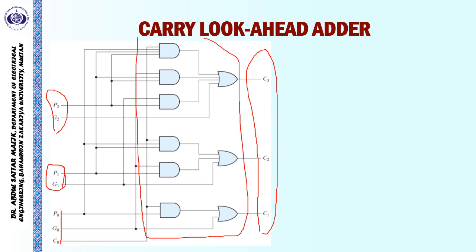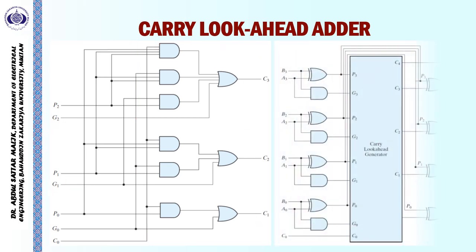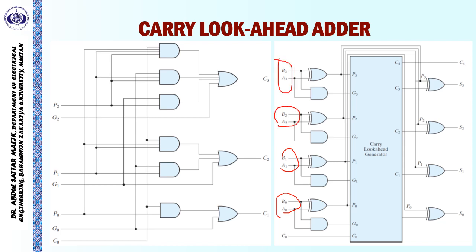It means the generation time of C1, C2, C3 up to Cn will be the same for all. So we have a rearranged circuit. We are taking a 4-bit number A and a 4-bit number B, with A0, B0, A1, B1, A2, B2, and we have generated C0, G0, P0, G1, P1, G2, P2, and G3, P3.